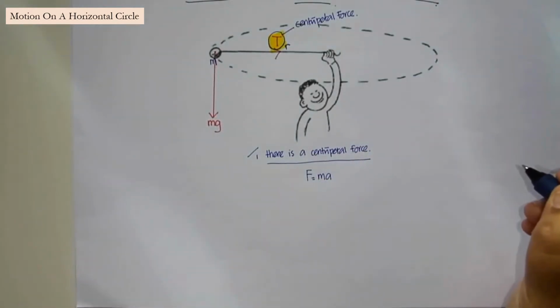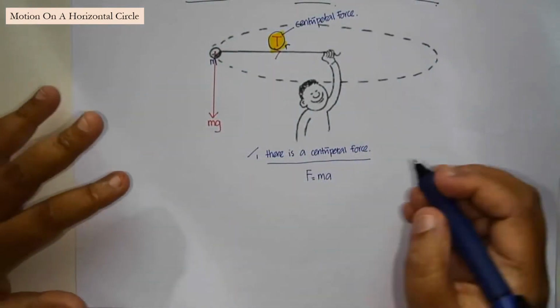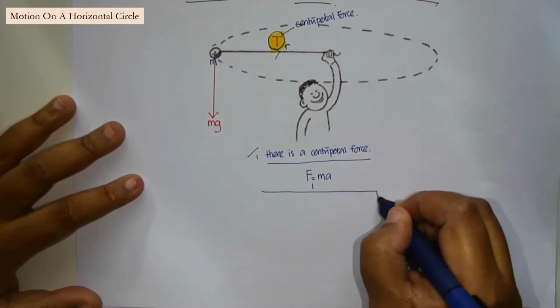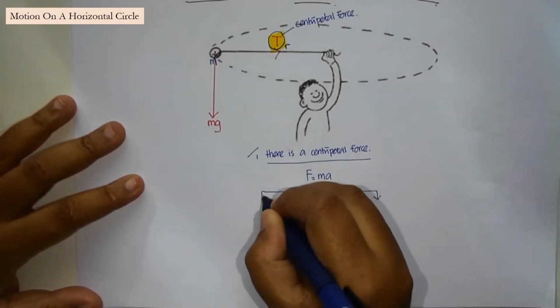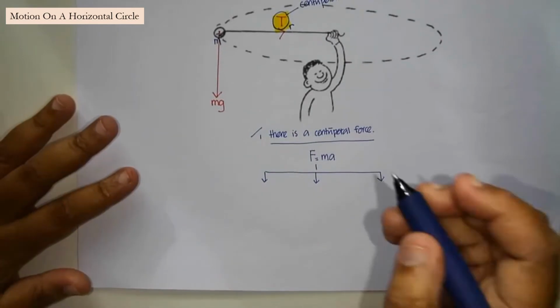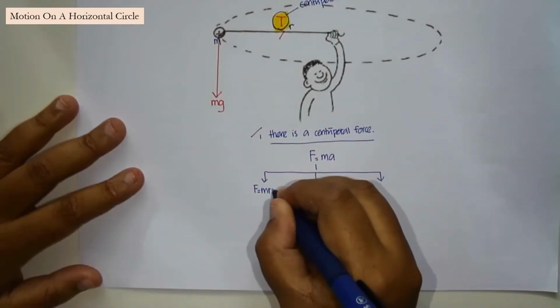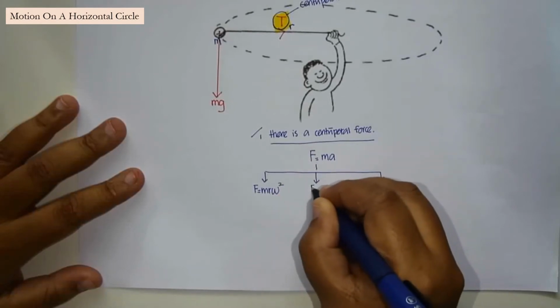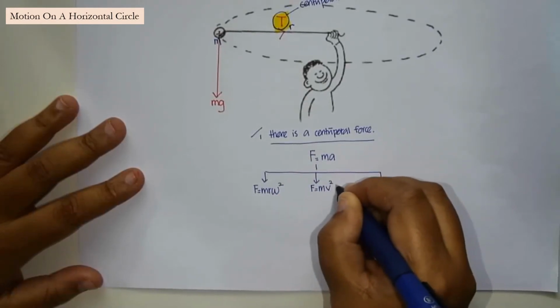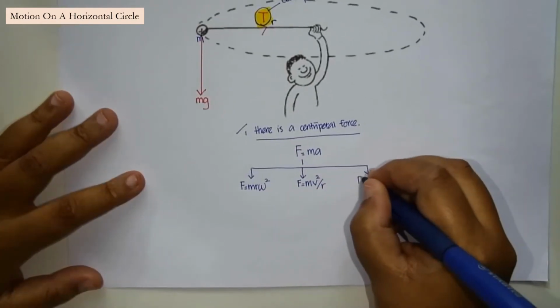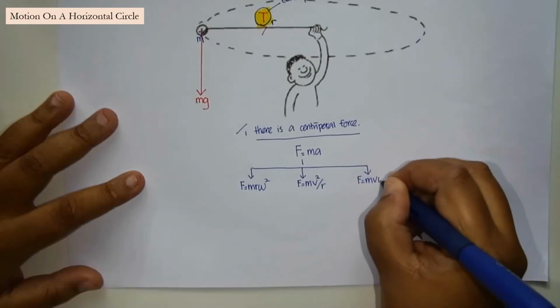Now we can substitute a as whatever we want. You can use the three formulas, whichever you want according to your choice of questions. a is r omega square, F equals mv square over r. We can also put F equals mv omega.